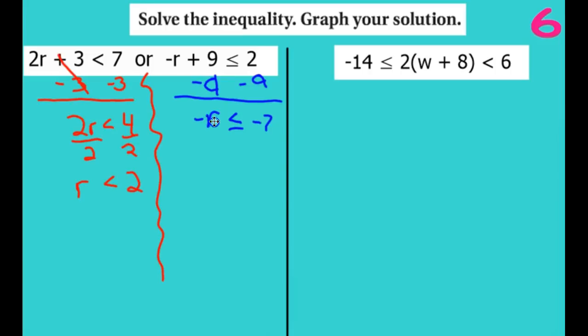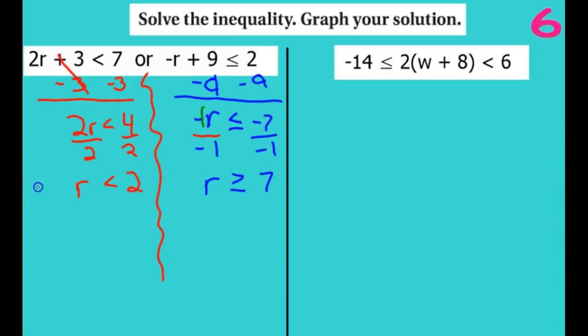Now, if we just have an r, we can put a 1 in between them. So now we have a negative 1r is less than or equal to negative 7. We need to get r by itself by dividing by negative 1. And divide by negative 1 over here. We get r. We divided by a negative number, so we need to flip the sign. Negative 7 divided by negative 1 is positive 7.